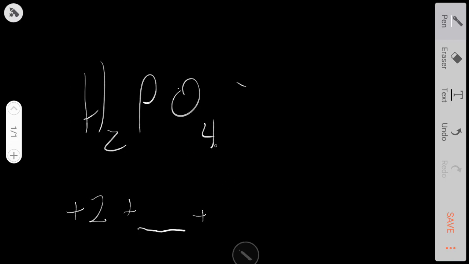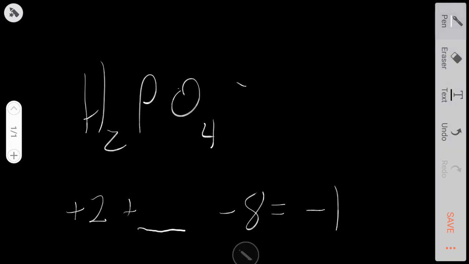So that's going to be a total of minus 8. And the grand total will be minus 1. So I have 2 plus something plus minus 8 is going to equal minus 1. So we can get rid of this plus because that will be canceled out by the minus. So 2 plus something minus 8 equals negative 1.